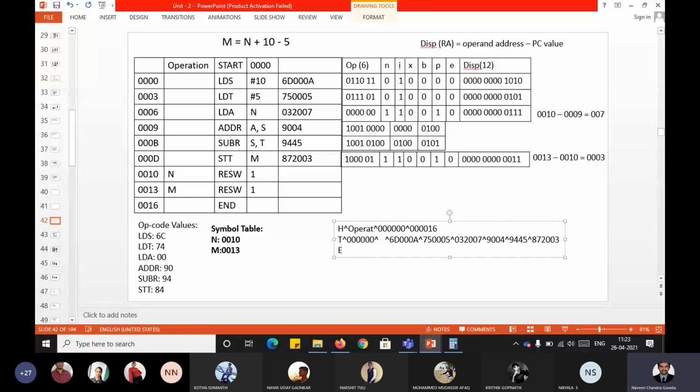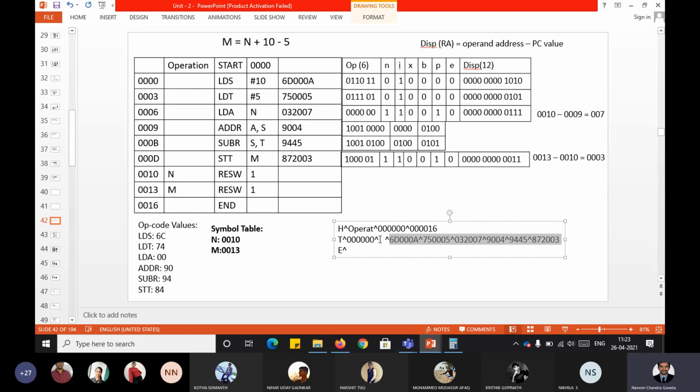So I'm done with the text record as well, but I need to fill in the length of the text record. You can find it out: 3 bytes plus 3 bytes, 6 bytes, plus 3 bytes, it is 9 bytes, plus 2 bytes, 11, plus 2, 13, plus 3, 14.